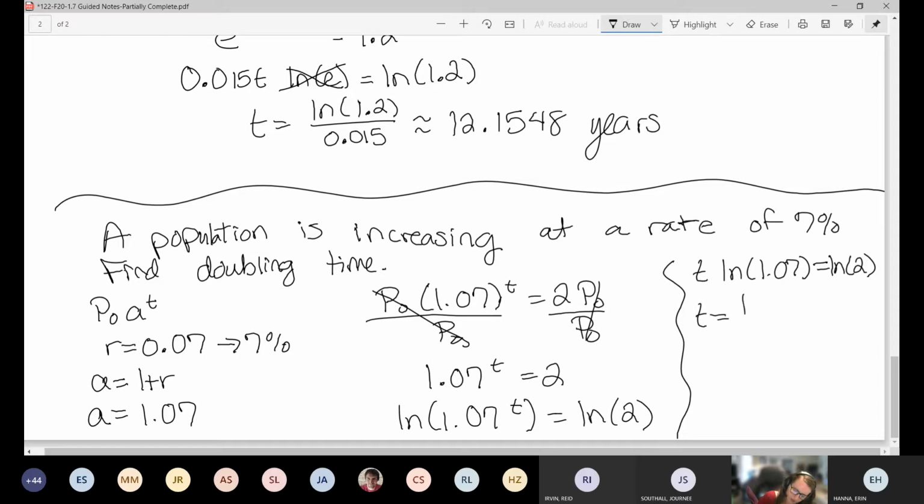Divide both sides by the natural log of 1.07. I don't know what that is. Natural log of 2 divided by natural log of 1.07. And you'd get approximately 10.245, let's say.